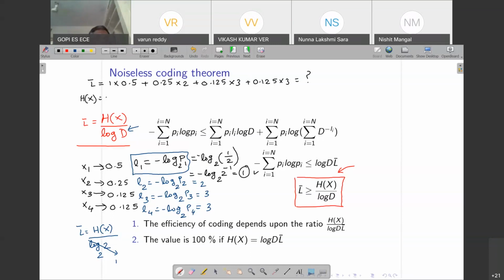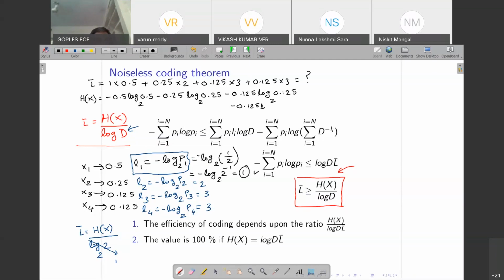So what I am telling now is the simplification of this one, right? As 0.5 into log 2, 0.5 power minus 1, right?